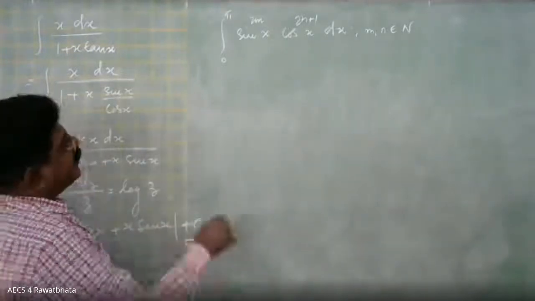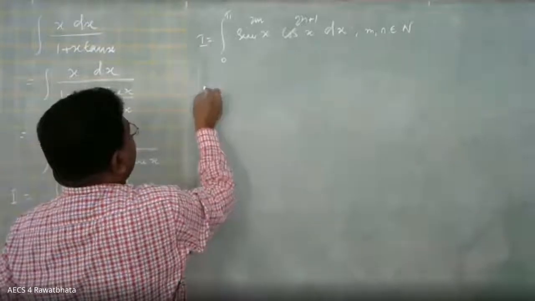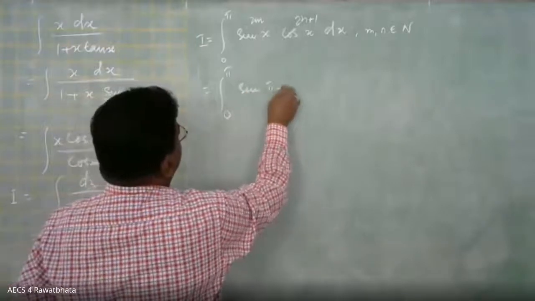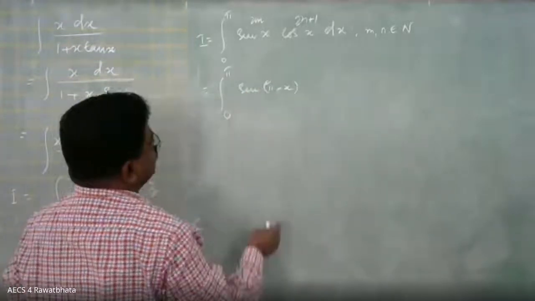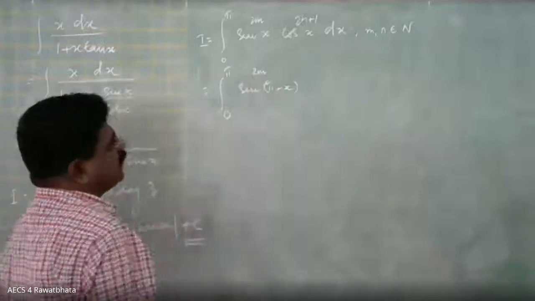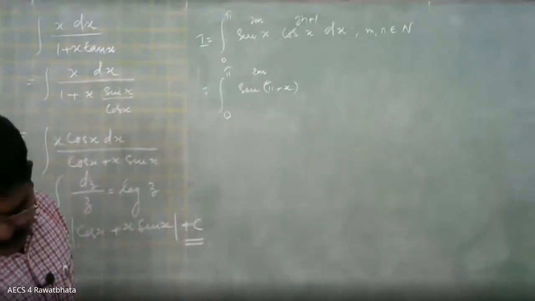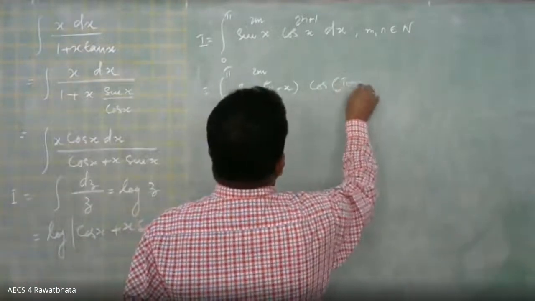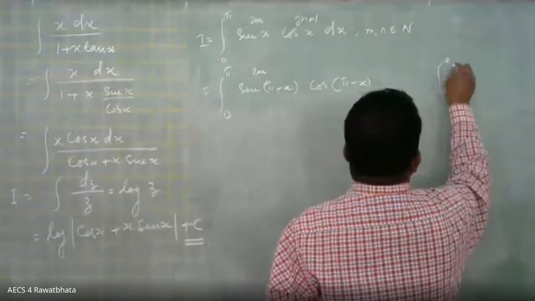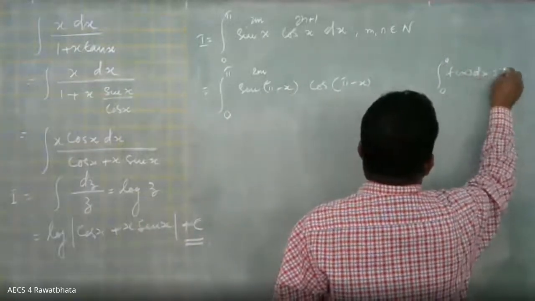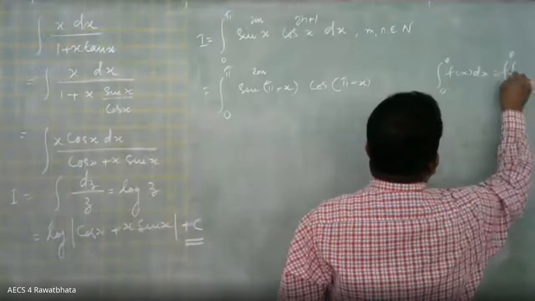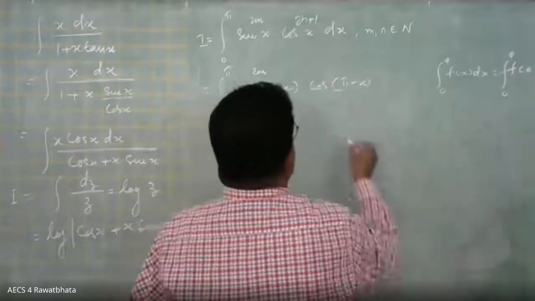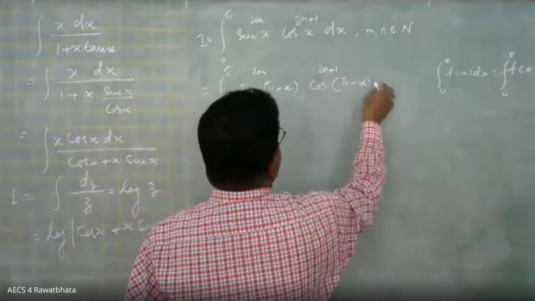Yes, now let this be I. Take I from 0 to pi of sin pi minus x to the power 2m and cos of pi minus x to the power 2n plus 1 dx, using the property that integral from 0 to a of f of x dx equals integral from 0 to a of f of a minus x dx.